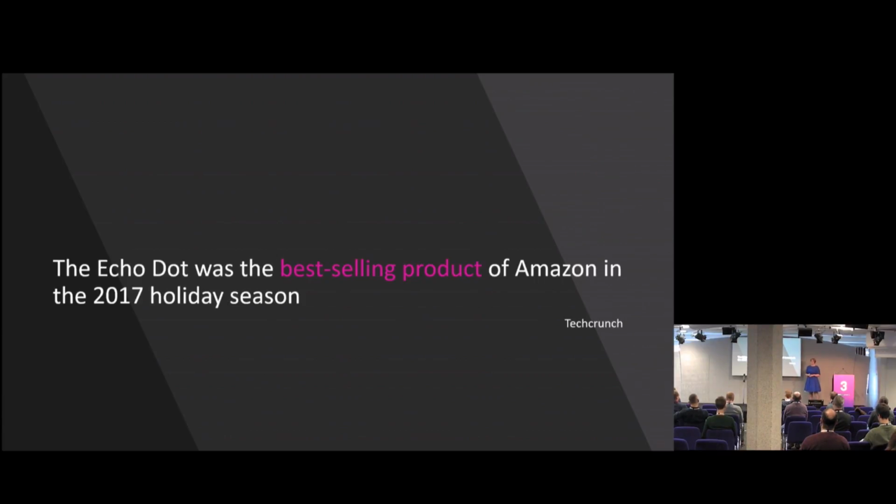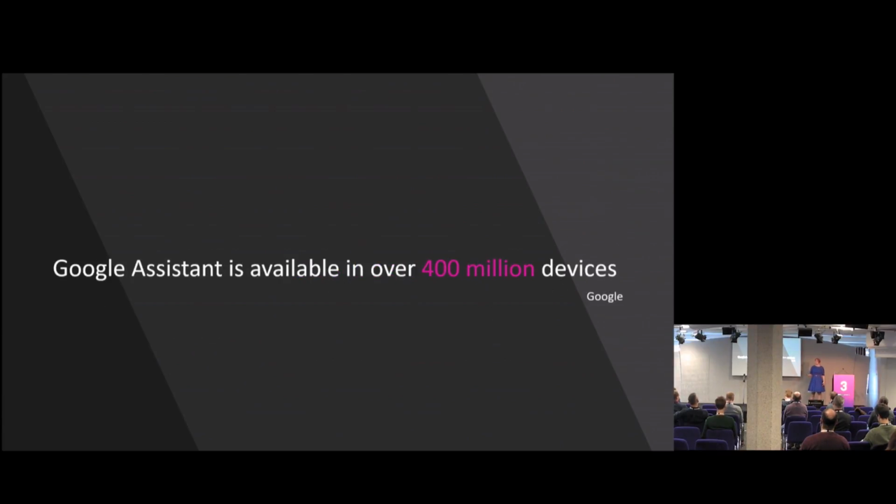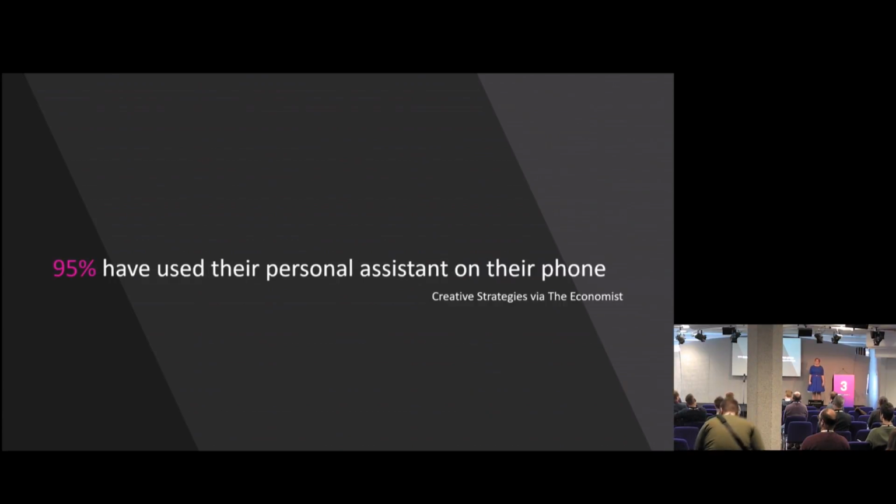But it's a lot. Google Assistant is now available for over 400 million devices. You can even have it on your television today. And 95% of all people that have a smartphone actually have used the virtual assistant on it. We as developers can actually take advantage of this. I mean, they're already talking, right?